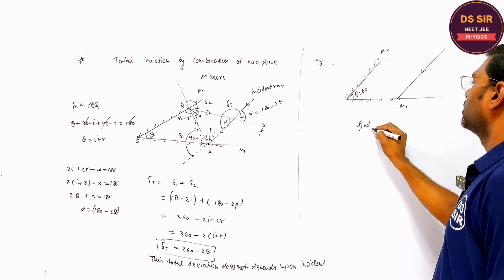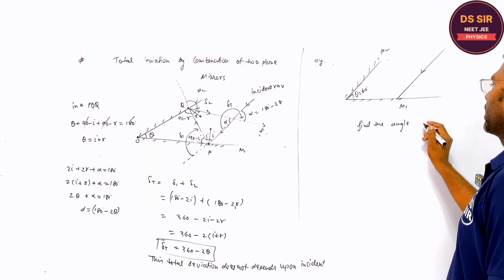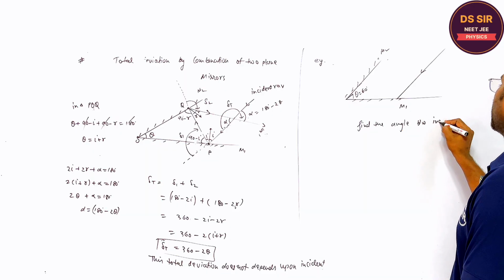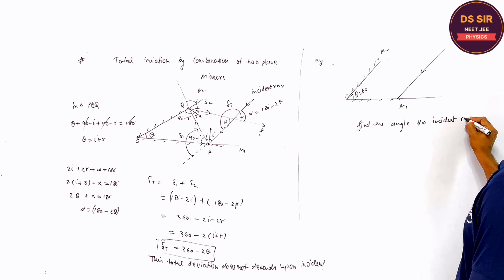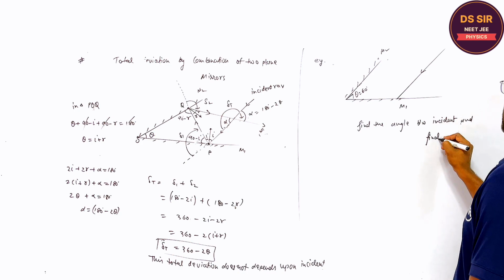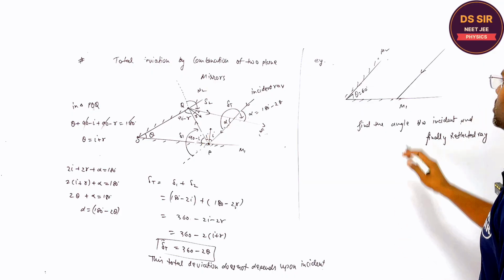Find the angle between the incident ray and the finally reflected ray. This is the question.